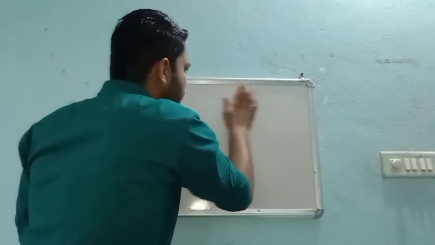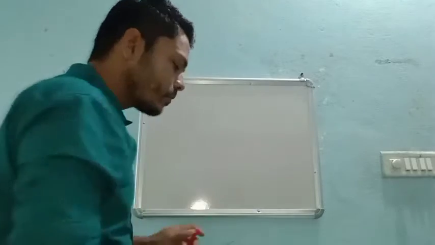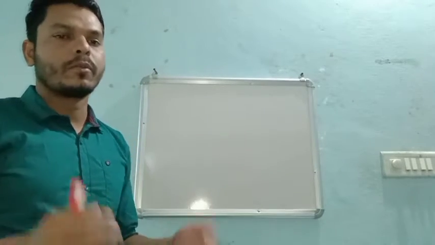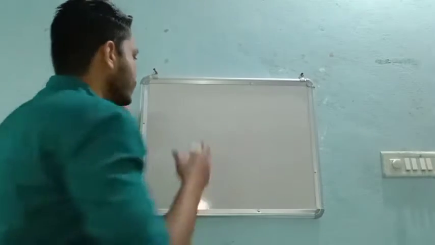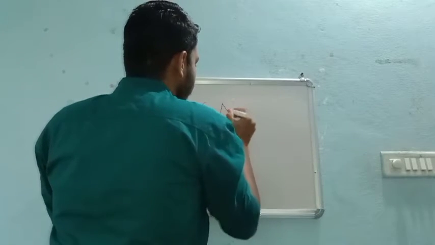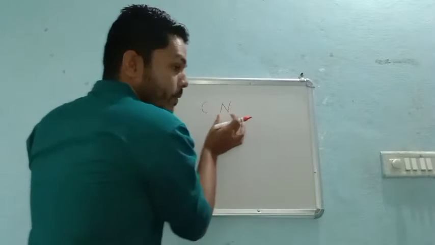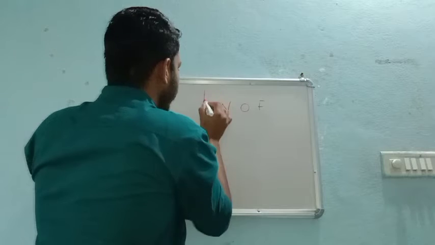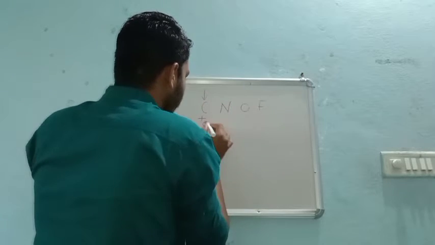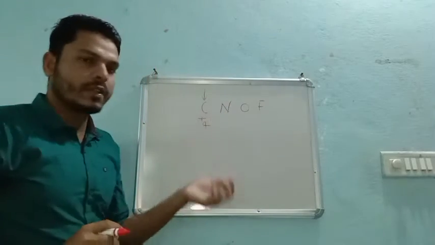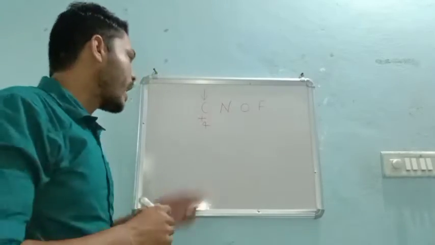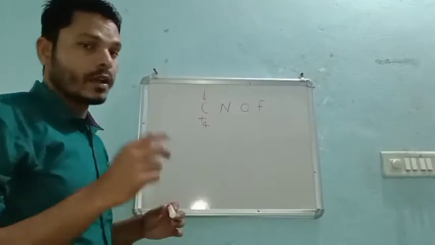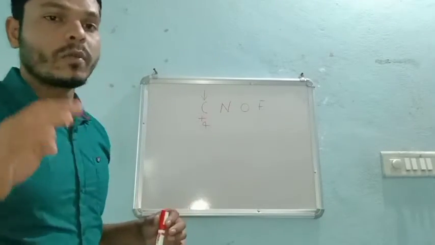In that regard, we have seen some different elements, how they get a positive and negative charge. So again I will repeat the class. Here carbon, nitrogen, oxygen and fluorine: till here, there was a +4 charge we see on the carbon. Definitely, that's why around the carbon there are 4 bonds.